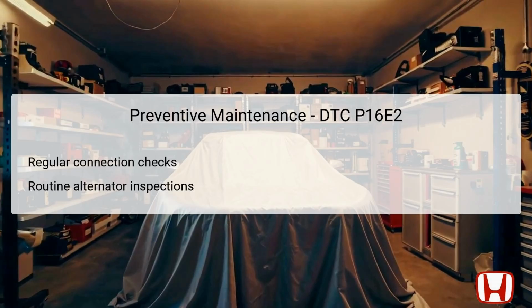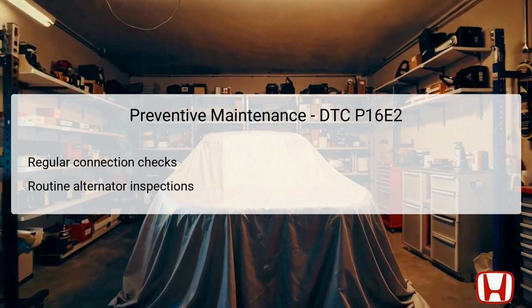To prevent future occurrences of DTC P16E2, regular maintenance becomes essential. This includes routine checks of electrical connections, particularly at the alternator and PCM, to ensure integrity and to mitigate issues from loose or corroded terminals.